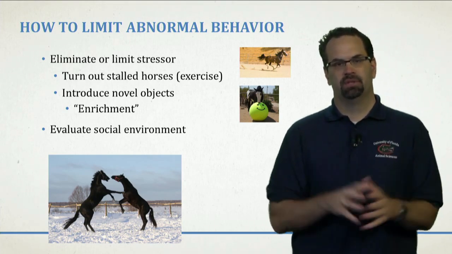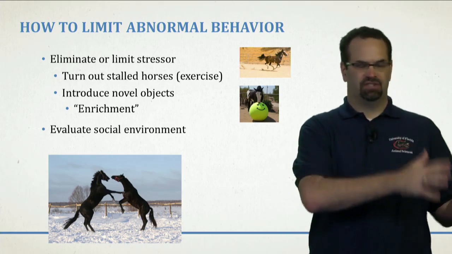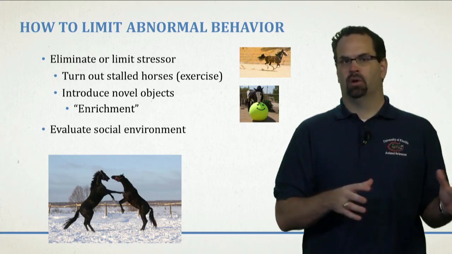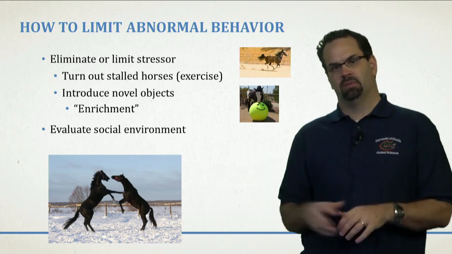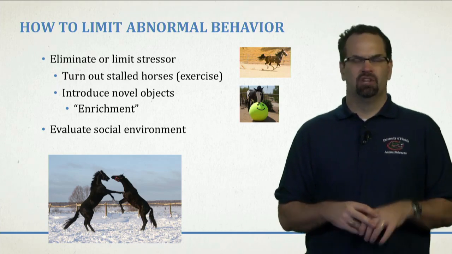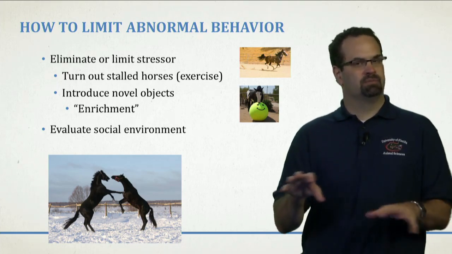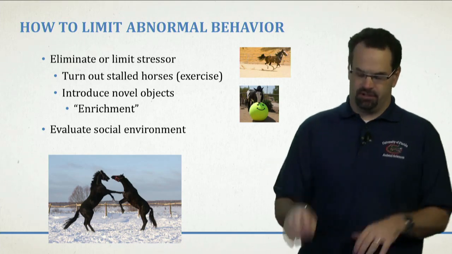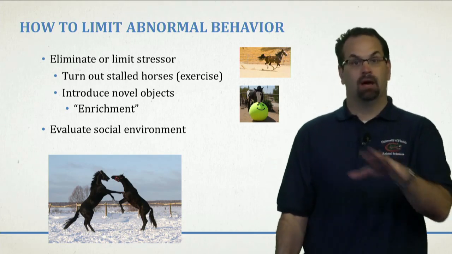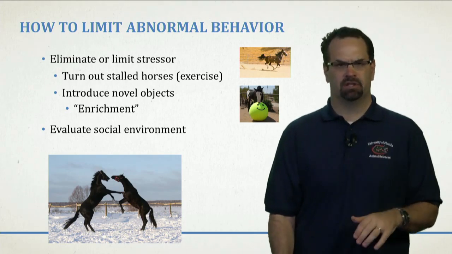A lot of times these lower, less dominant animals get picked on quite a bit, which leads to stress, and then some of these behaviors may start to manifest themselves. So you may have to look at separating animals sometimes if you have more than 2 or 3 horses, and look at the social structure makeup of that herd and see if that's contributing to the stress.